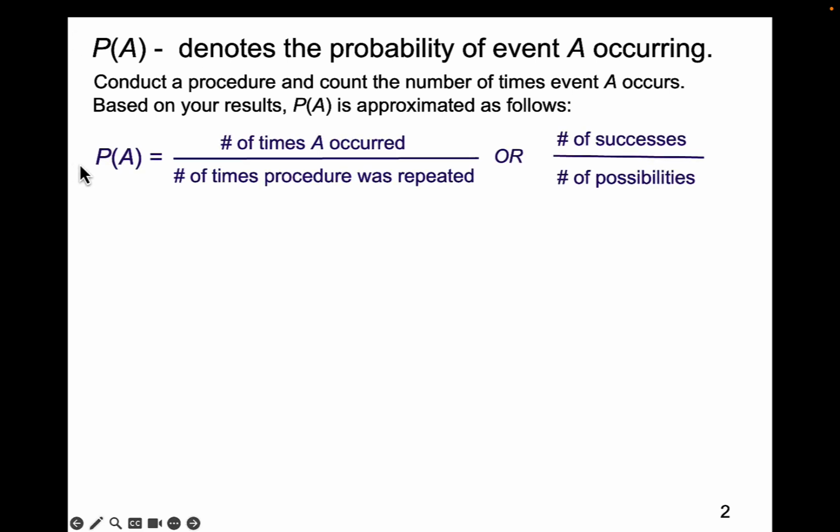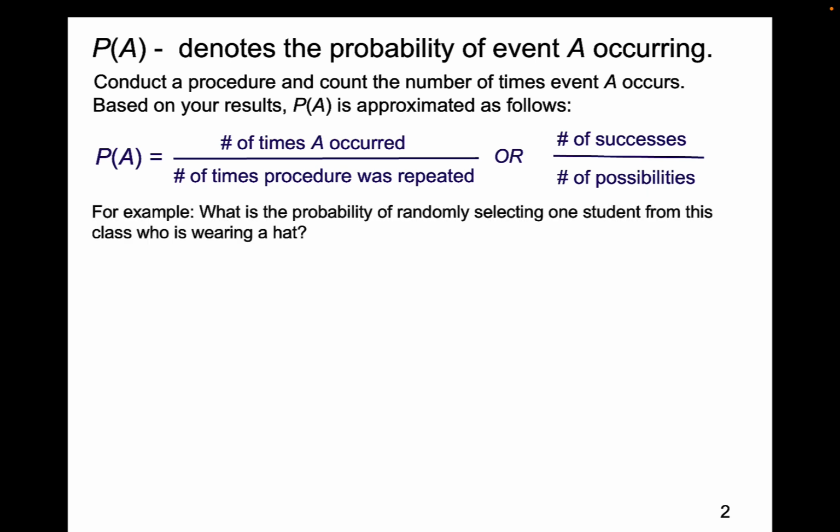Probability of capital A is equal to, hopefully you see this as a fraction, the numerator being the number of times event A occurred. The denominator is the number of times the procedure was repeated. Another way to look at it is the numerator is the number of successes over the number of possibilities.